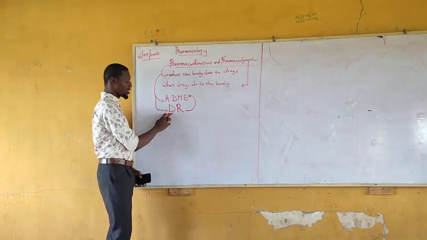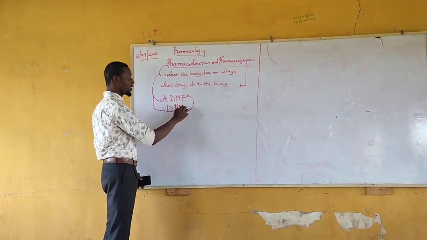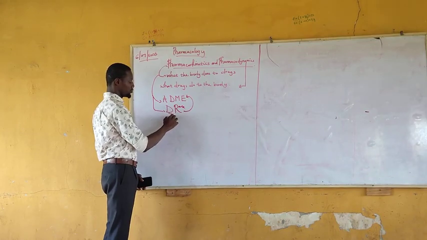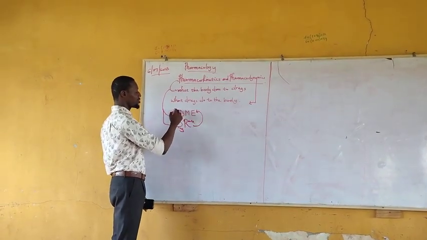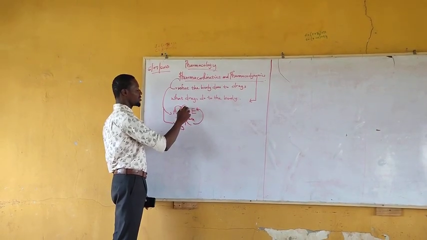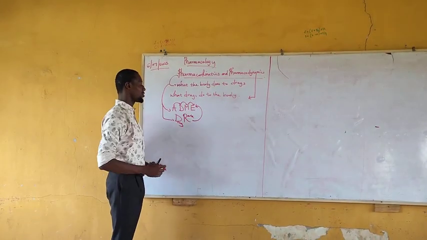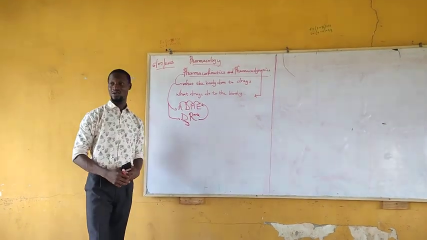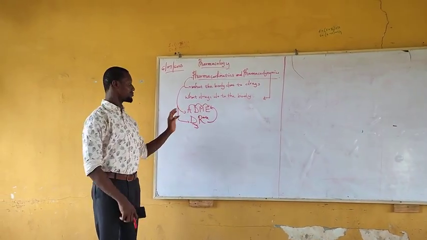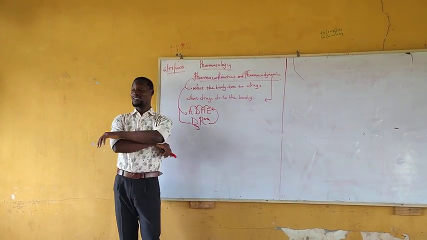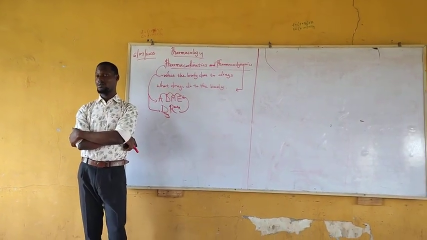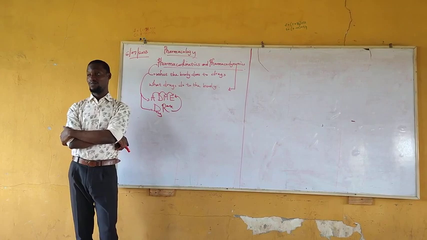So we need the drug, we need the routes of administration, before we have absorption, distribution, metabolism, and elimination or excretion. So everything under pharmacokinetics will be discussed under this broad heading.